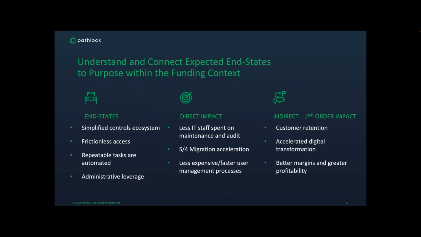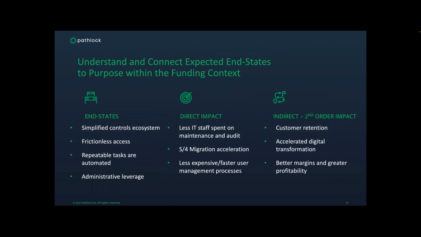So for example, if we pick the bottom two, repeatable tasks that are automated and administrative leverage allows you to use the same IT staff to cover much more of the organization or cover more of the organizational risks. That may lead to the direct impact of less IT staff spent on maintenance and audit, and perhaps less expensive and faster user management processes.